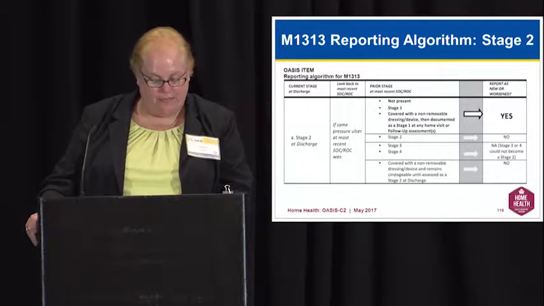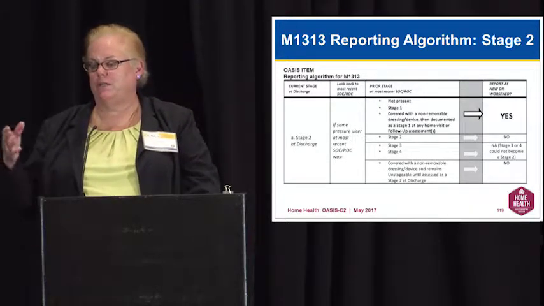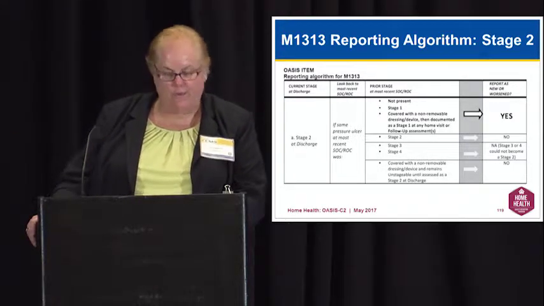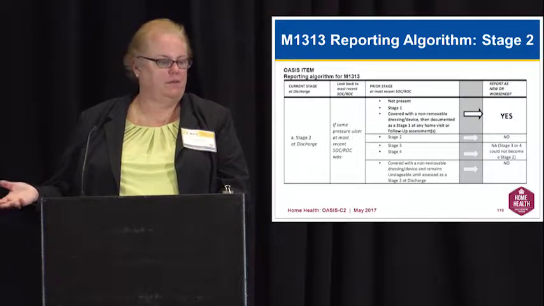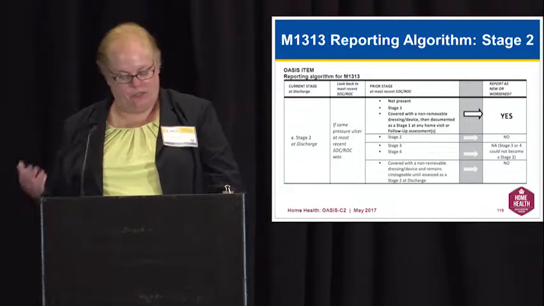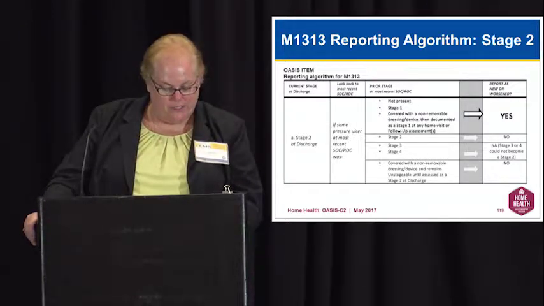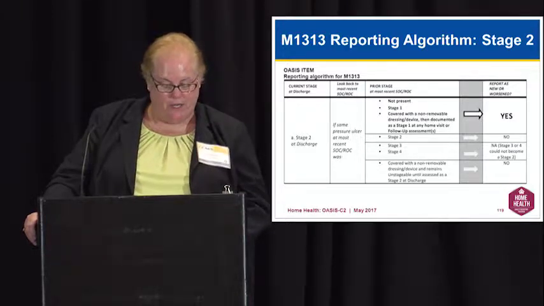And then it tells you whether you should report it as new or worsened. If it wasn't present, and it's there now, it's new. If it was a stage 1 and now it's a stage 2, it's worsened. If it was covered with a non-removable dressing or device, or documented as a stage 1 at the home visit or follow-up assessment, the algorithm then goes through stage 2, 3, 4, and all the way through.